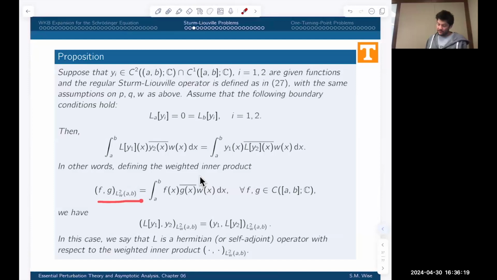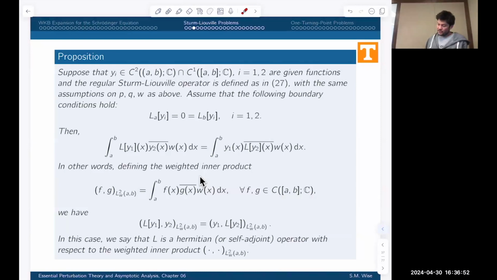So you might have seen this before. The weighted L2 inner product, with respect to this weight function w, is defined for f and g functions as the integral from a to b of f times the complex conjugate of g against the weight function. The weight function is always assumed to be a positive real valued function, but the functions f and g are in general just continuous functions on a, b with complex values.